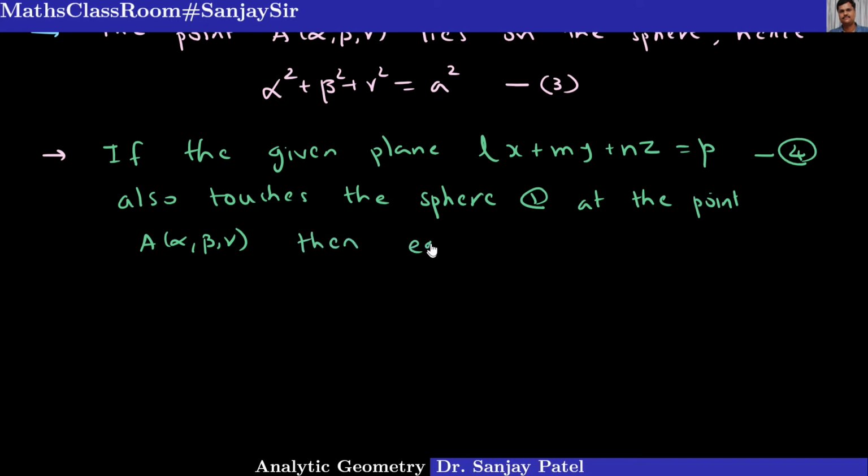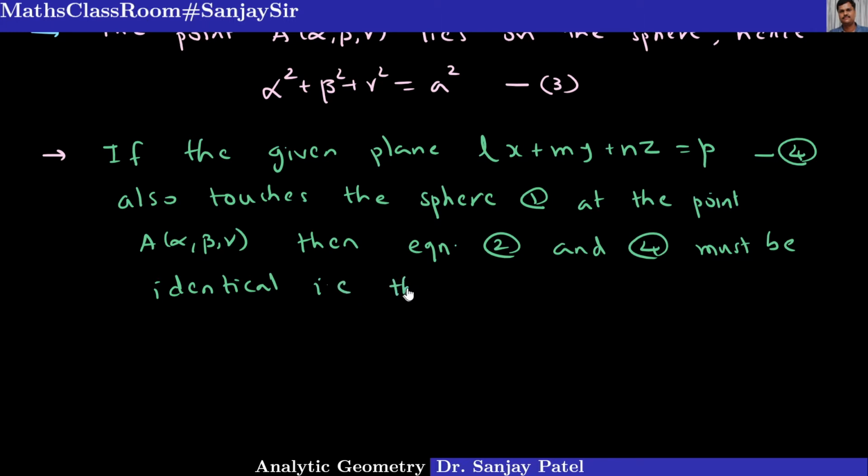equation 2 and equation 4 must be identical, or you can say they represent the same plane. You know, if a tangent plane exists, then it must be unique.